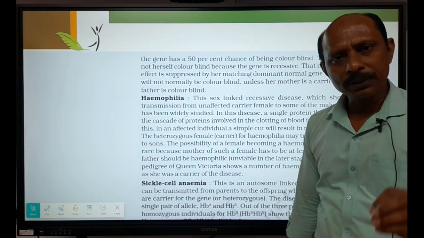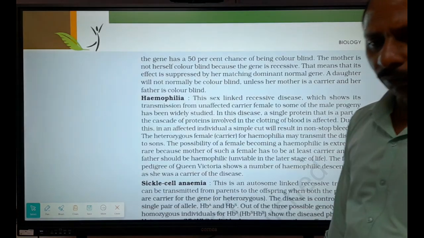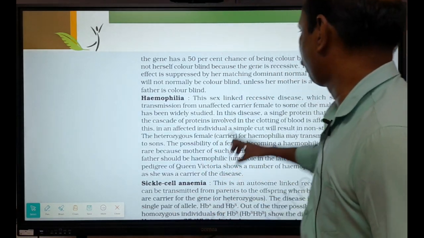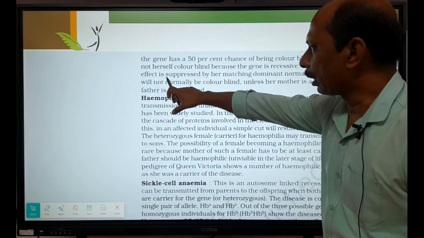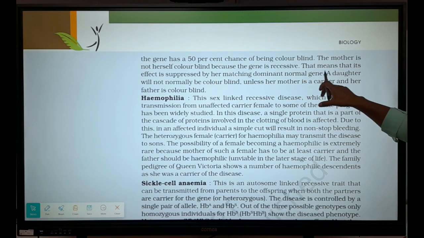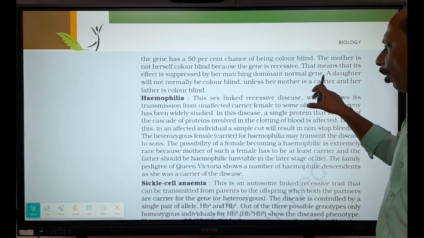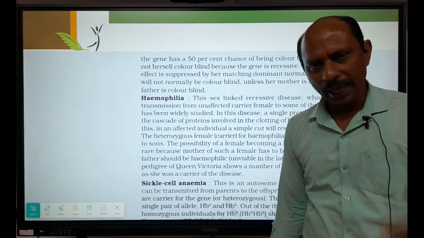Females with only one affected X chromosome become carriers. The mother is not herself colorblind, she is only a carrier because the gene is recessive. That means the effect is suppressed by her matching dominant normal X gene.